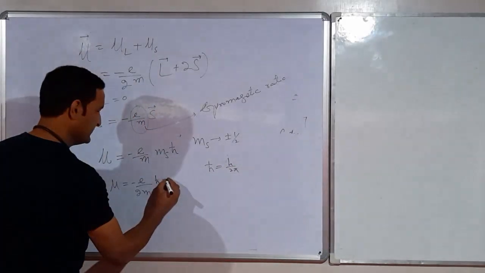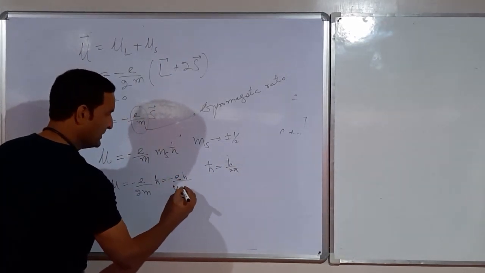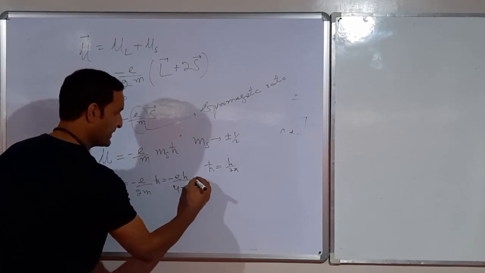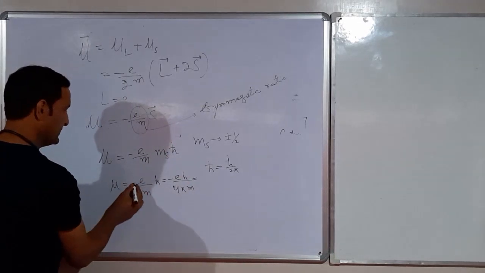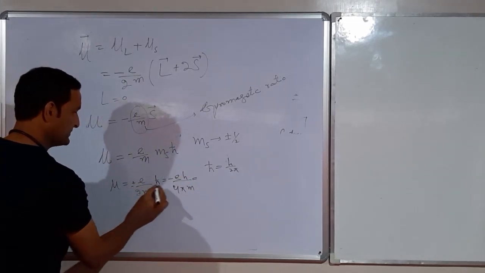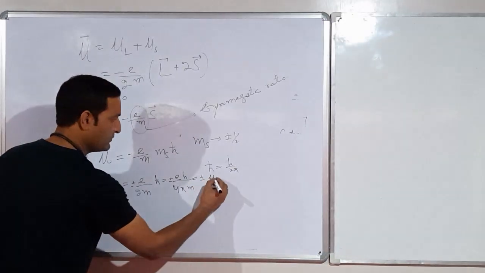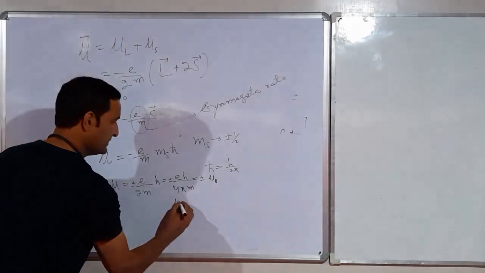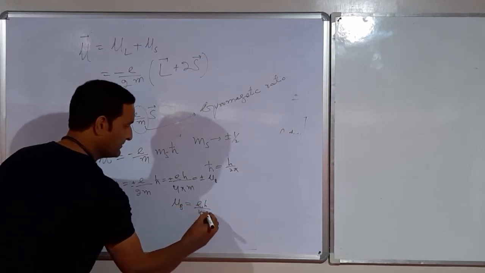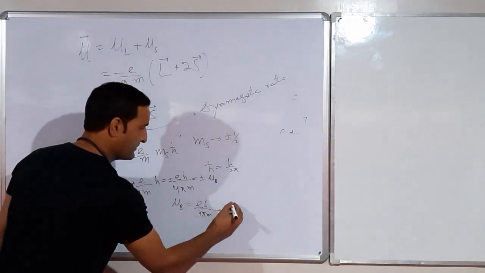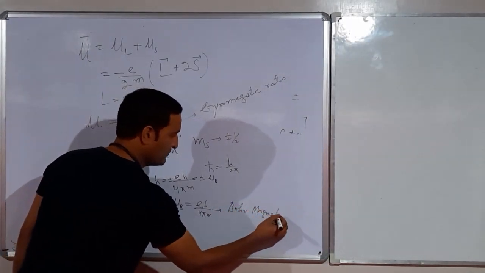So we can write it as minus e h upon 4 pi M, plus or minus mu B. This mu B equals e h upon 4 pi M and is called the Bohr magneton.